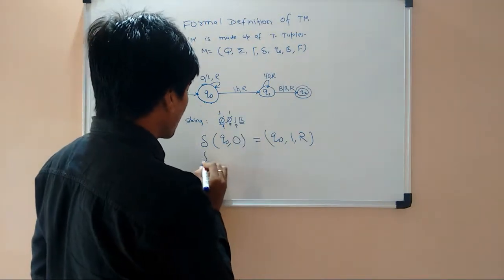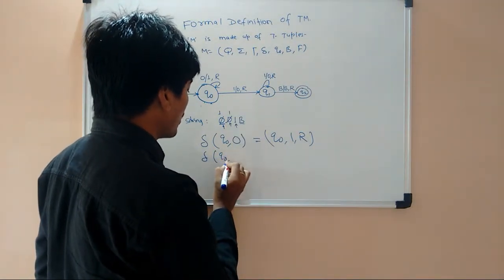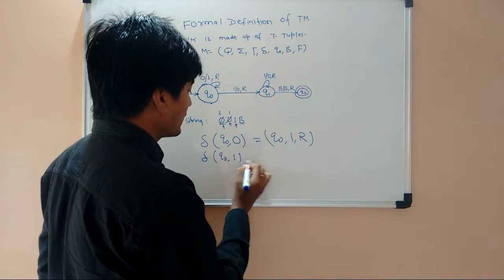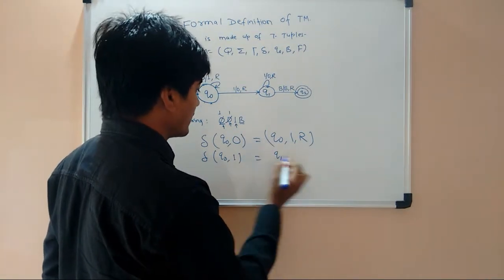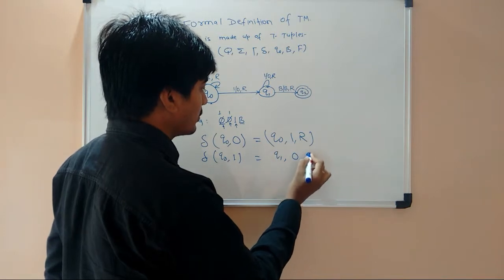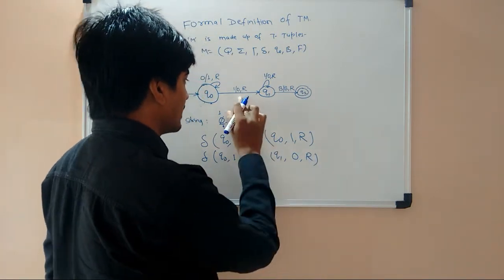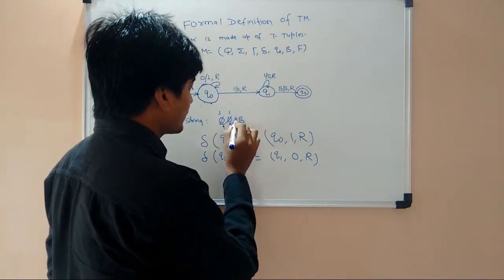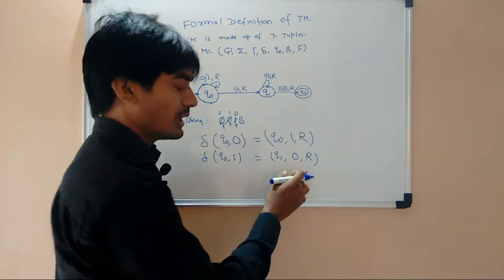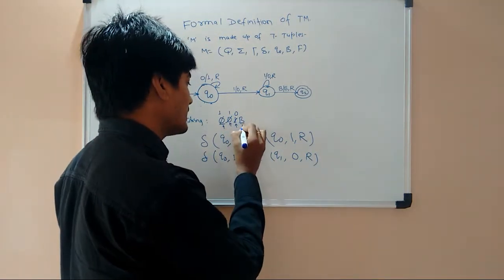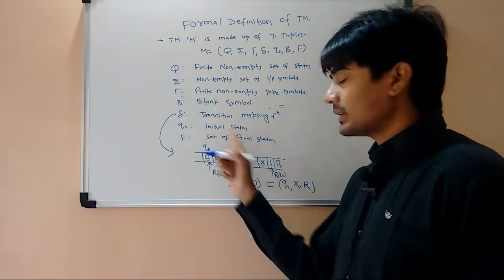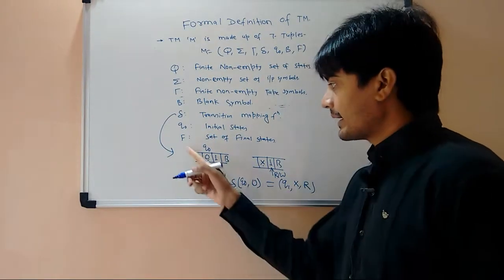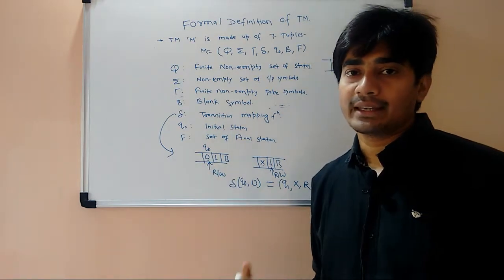If at Q naught we read 1, then we go to state Q1, 1 is written as 0, and we move right. Now the head goes on the blank symbol. Here Q naught is the initial state and F is the set of final states.